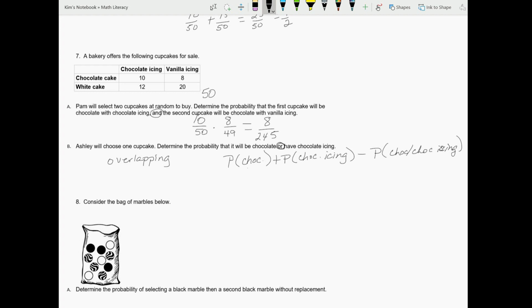Probability that it's chocolate, 18 out of 50. There's 18 chocolate. Probability that it has chocolate icing, the cake could be chocolate or white, so there's 22 out of 50. And I have to subtract off the overlap, the chocolate cake with chocolate icing, which is 10. Because I've counted this group when I counted it as a chocolate cake, and I've counted it again when I counted it with chocolate icing. So I'm subtracting off that 10 out of 50, and that's going to give me 3/5.